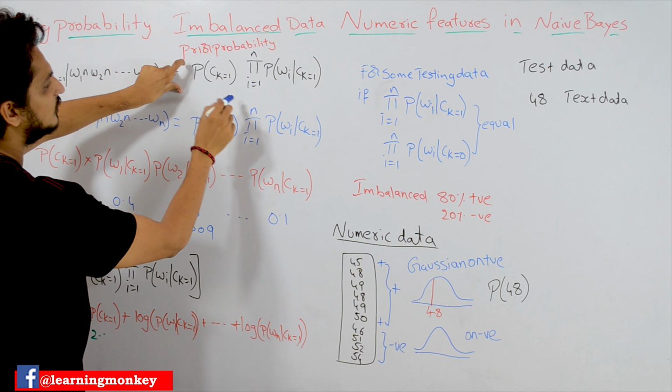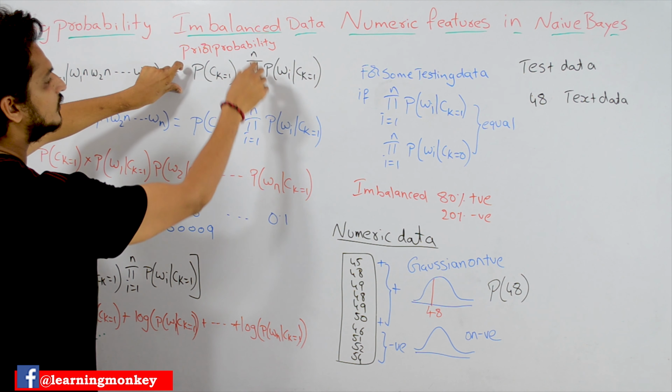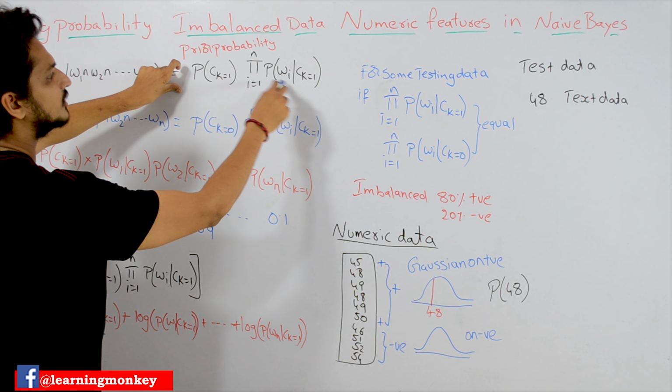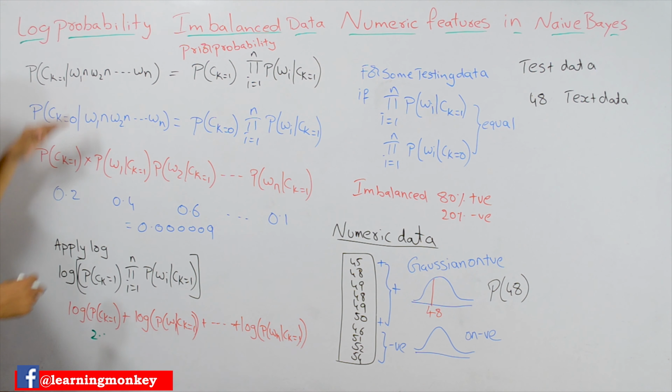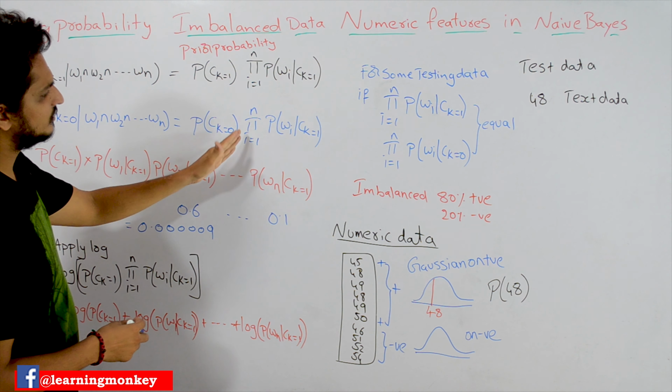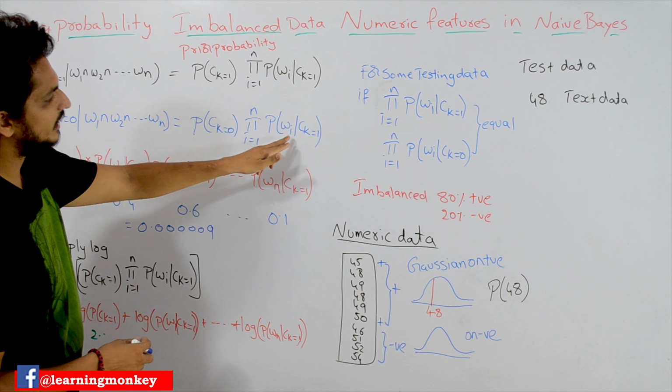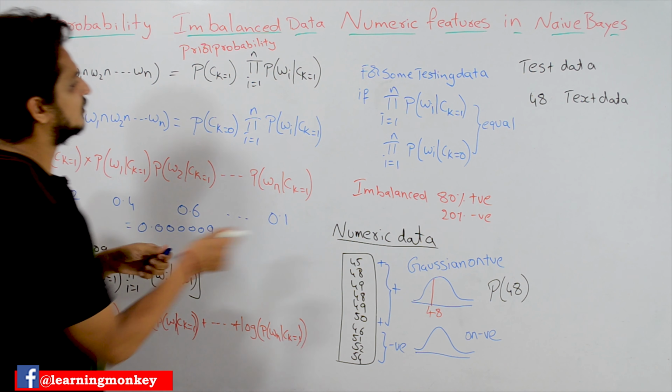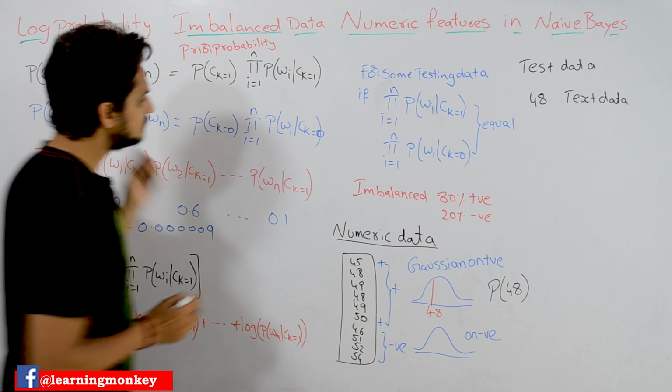Probability of Ck equal to 1, multiplied by the product for i equal to 1 to n, pi means multiply all these probabilities. The same formula is applied for the negative class also: probability of Ck equal to 0, product for i equal to 1 to n of probability of Wi given Ck equal to 0.